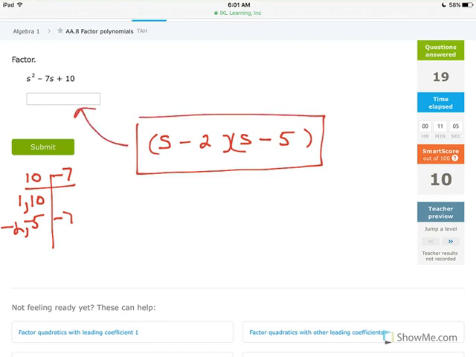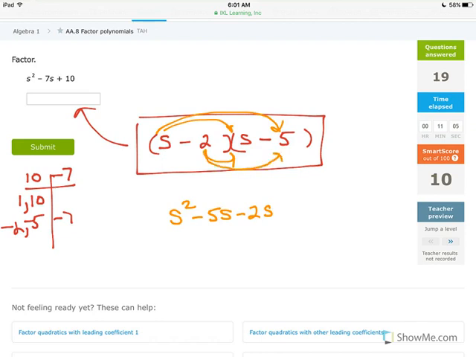And as always, you can check it by multiplying. If you do s times s, you get s squared. If you do s times the negative 5, that's negative 5s. Negative 2 times s is negative 2s. So there's the negative 7s that we had in the middle.